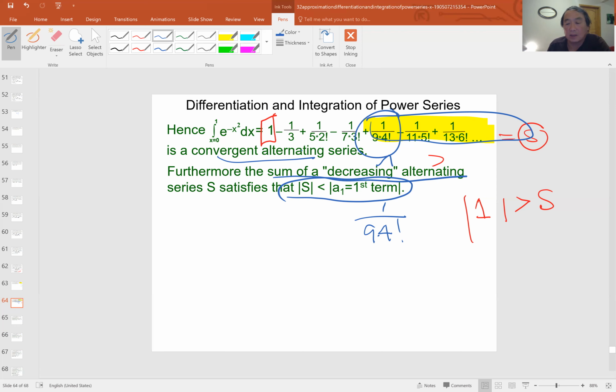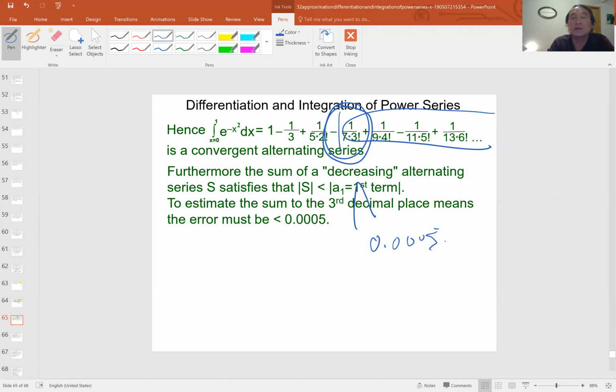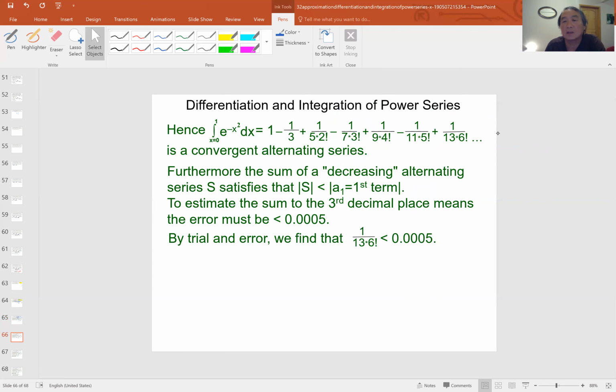So that's what this fact is addressing. In other words, where should I start? I only have to look at the first number and check that it is less than 0.0005. Because if the first number is less than that, I know the entire tail is less than that. It's pretty easy to check. You check this and find out that the first number on the list is less than 0.0005.